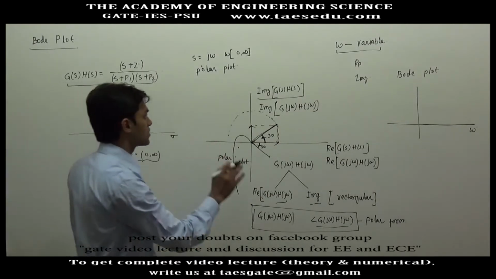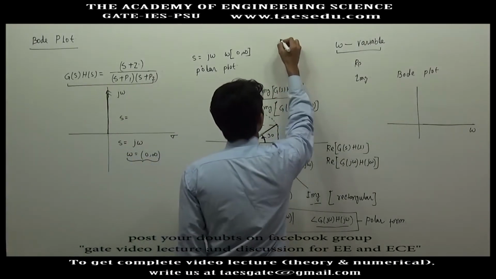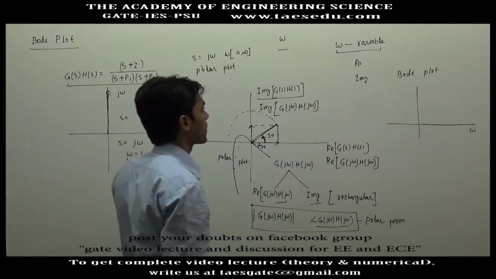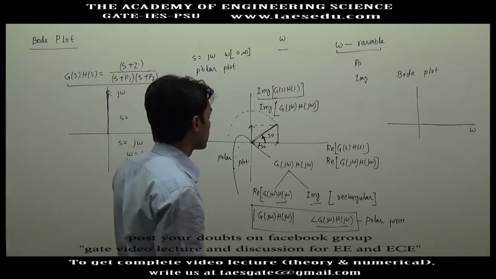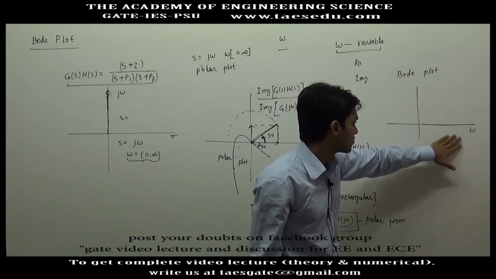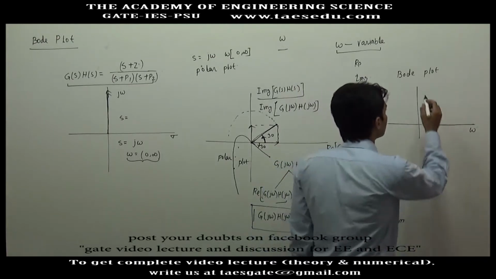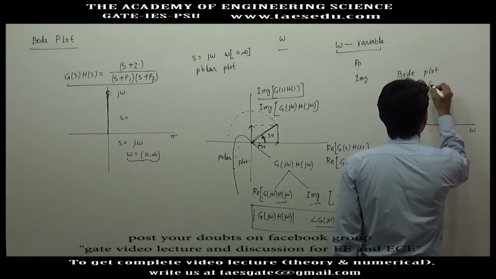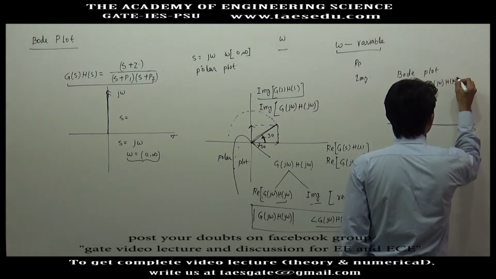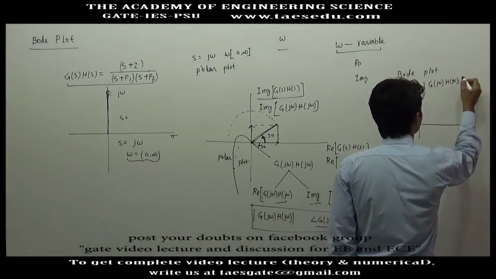So even in the Nyquist plot, for each omega we can have magnitude and angle. In the Bode plot, instead of plotting the real part of G(j omega) versus omega, we have the magnitude of G(j omega) H(j omega) versus omega.